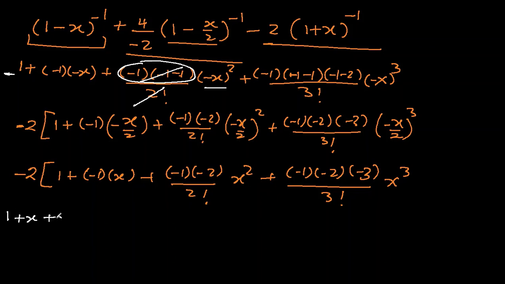So plus x squared. Now here, -3 times -2 is positive 6. Positive 6 times -1 is -6. And -6 divided by 3 factorial is also 6, -1. So minus and minus x cubed will make it positive x cubed.